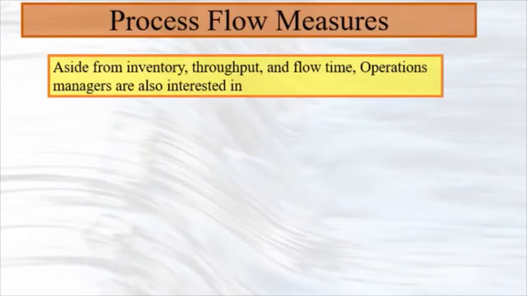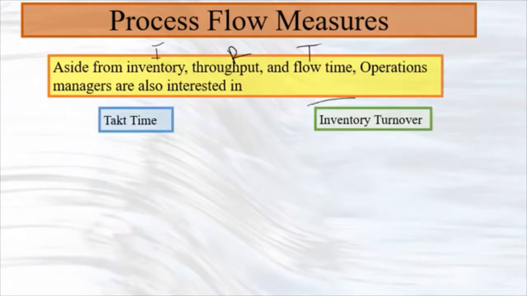So far we've learned the throughput, which is R, flow time, which is T, and inventory, which is I. But there are other interesting things that we have to learn in operations. We have the takt time and inventory turnover.